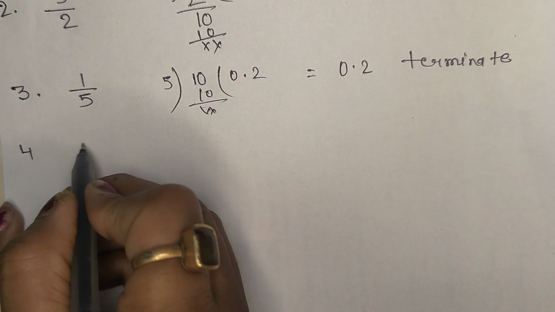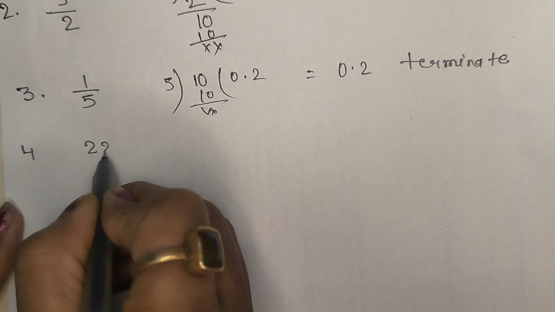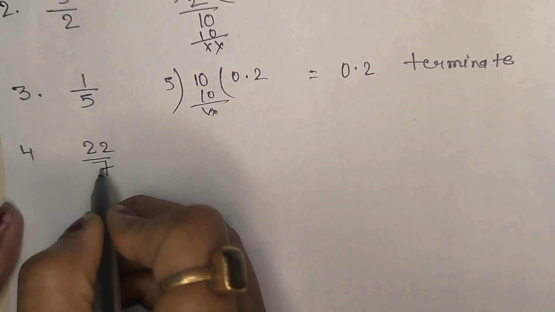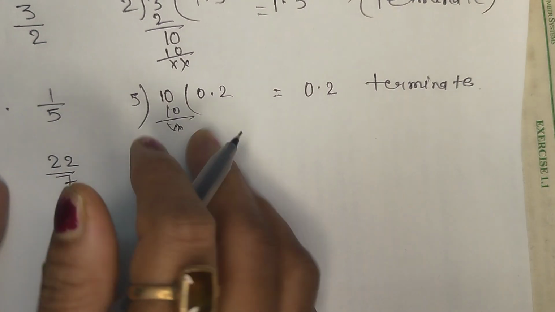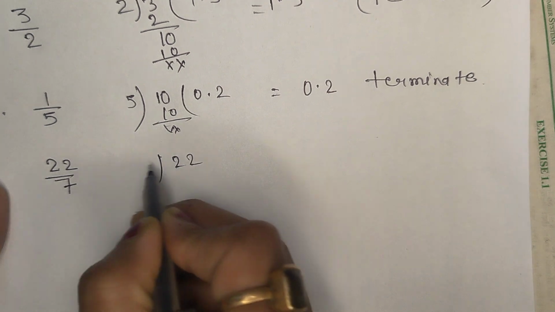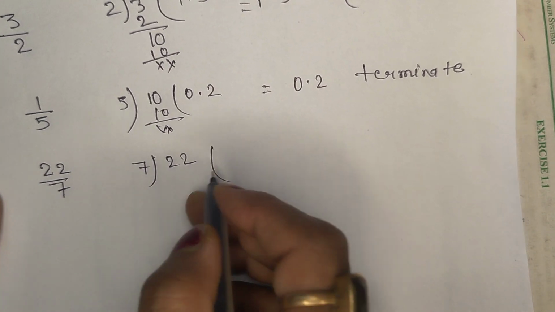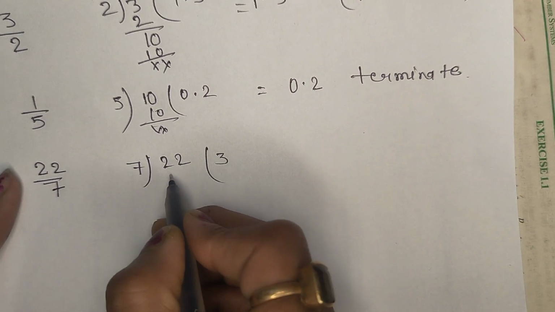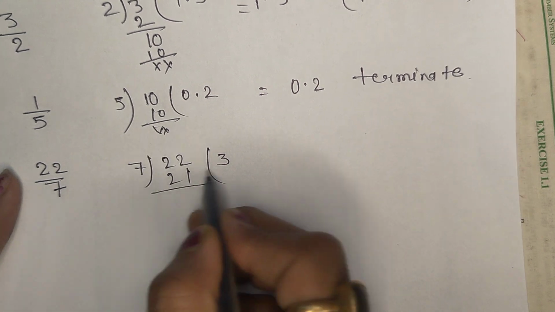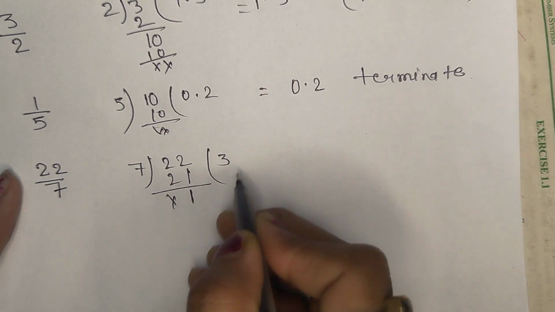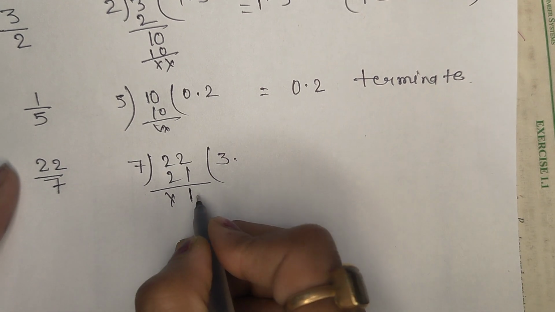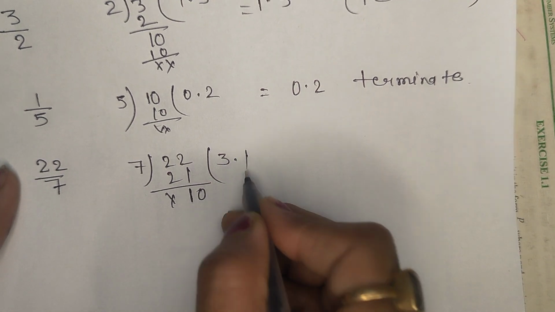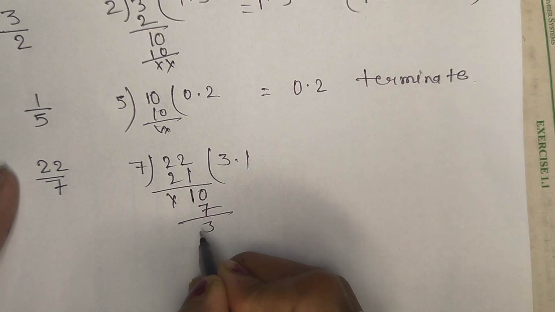And we take some other example like 22 by 7. We divide this number by 7. We take 3 times, 7 3s are 21. 1, we take point decimal, we take 0. 1 0, 7 1s are 7, 3.